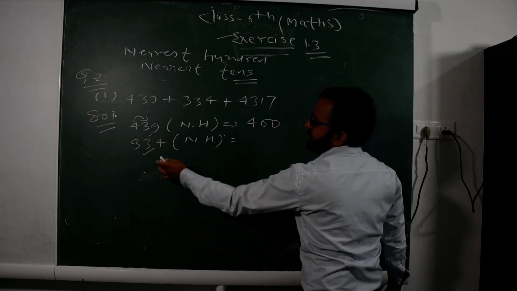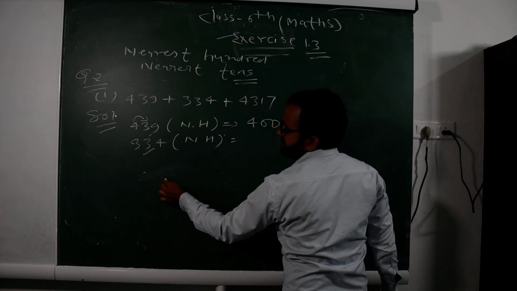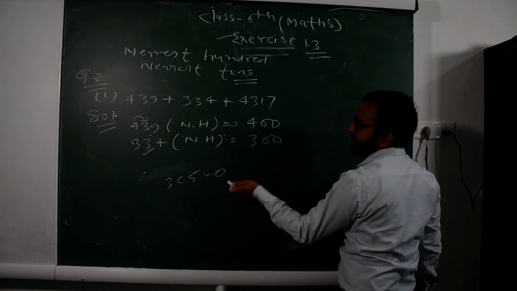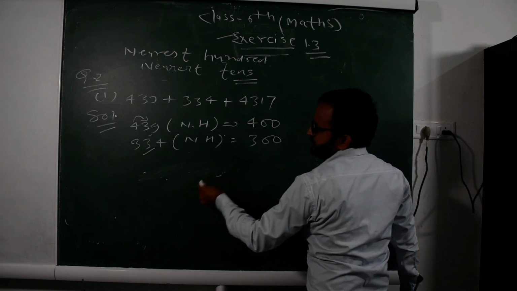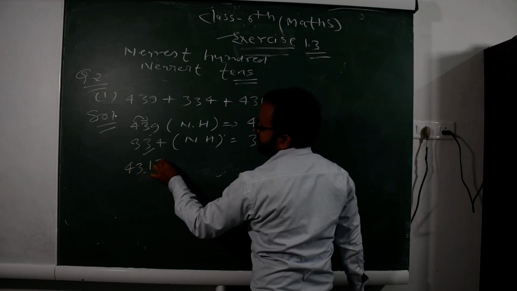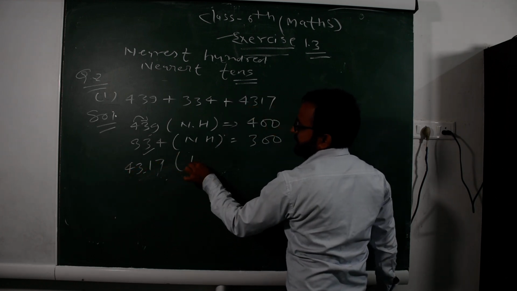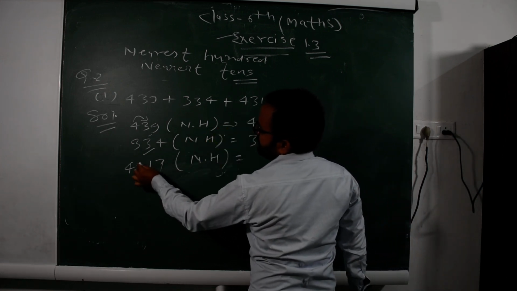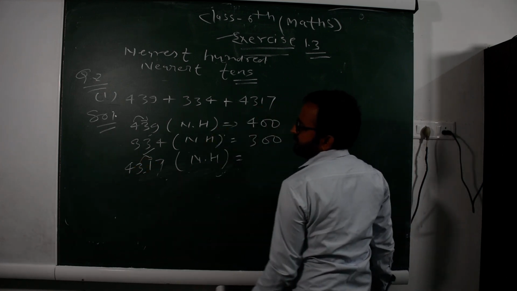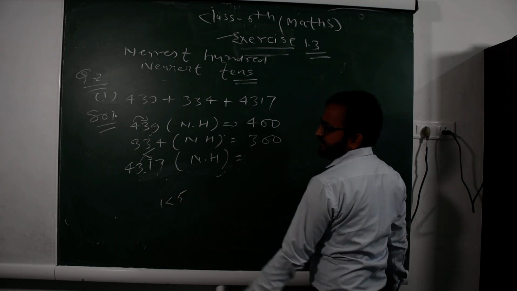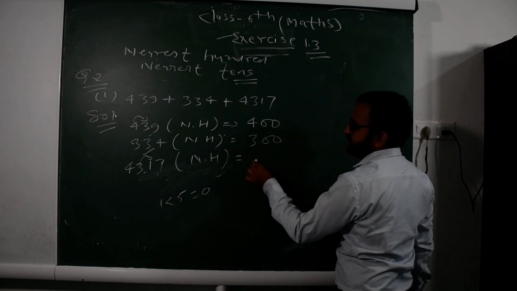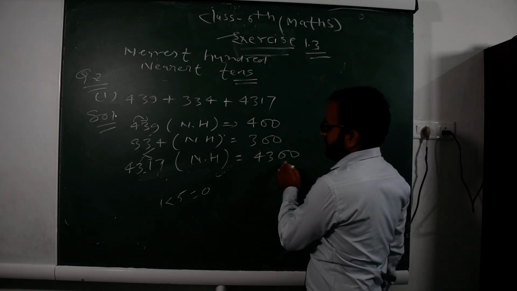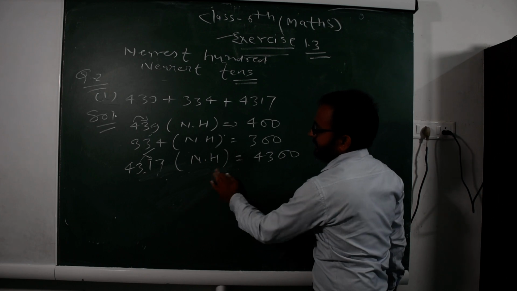Same as 334, nearest 100. Again 3 is less than 5, we consider it as 0. Again 300. Now 4317, nearest 100. That means 1, which is less than 5. Again we put 0. That means 4300.